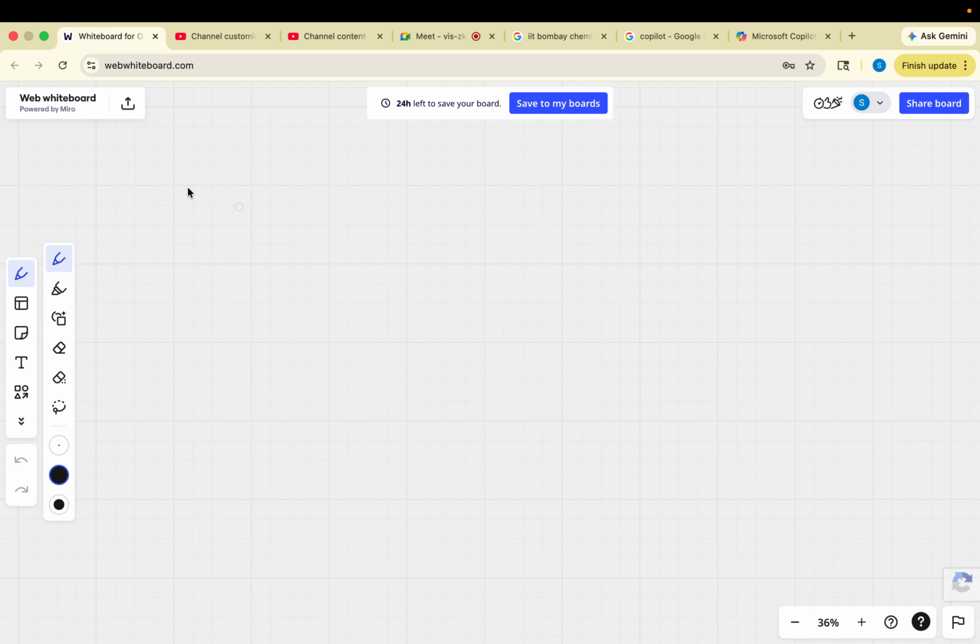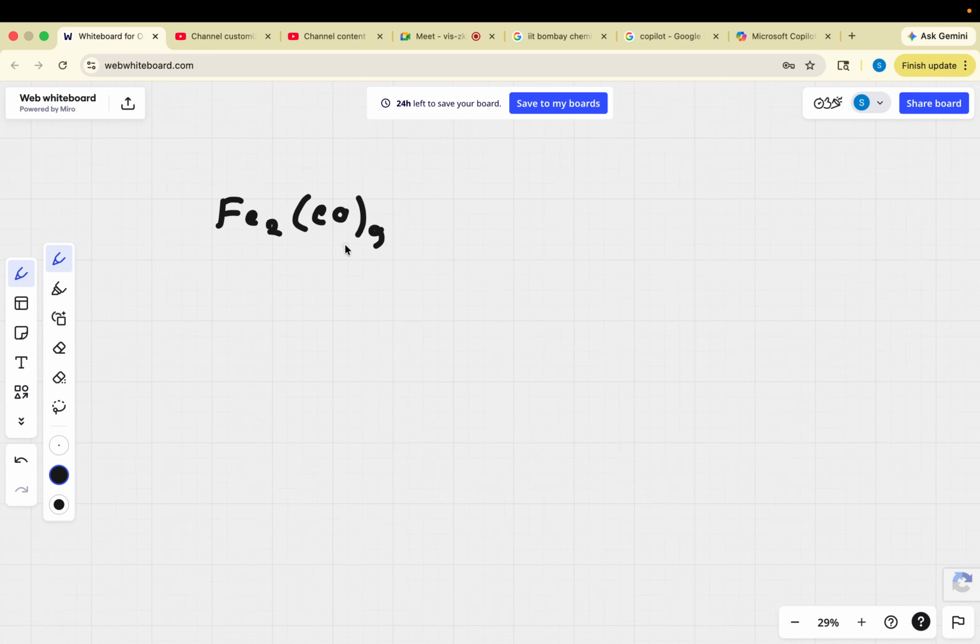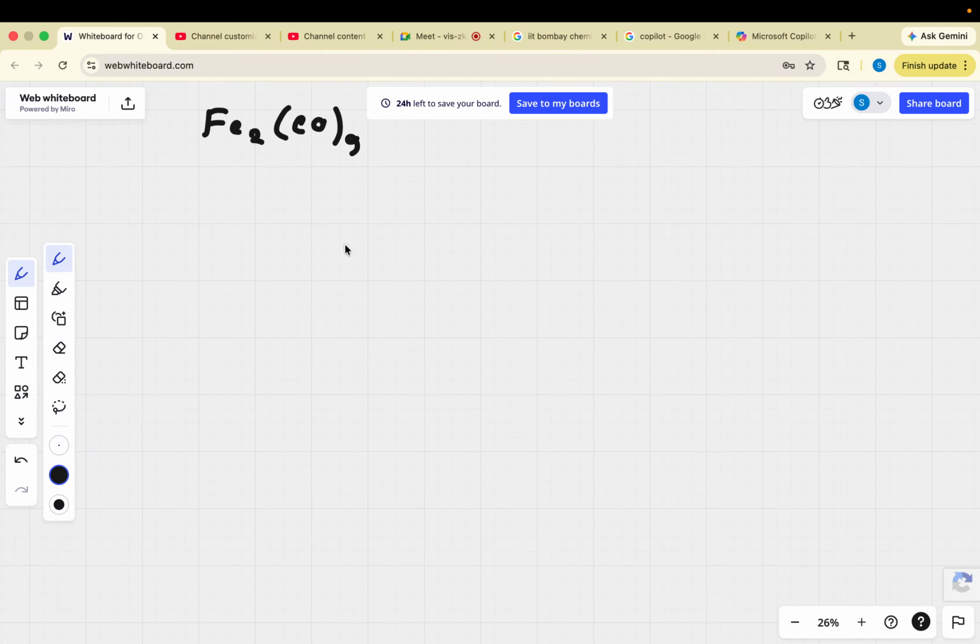Yeah, so basically if you have the Fe2(CO)9 structure, compound, you have iron, and on this side you have also iron.